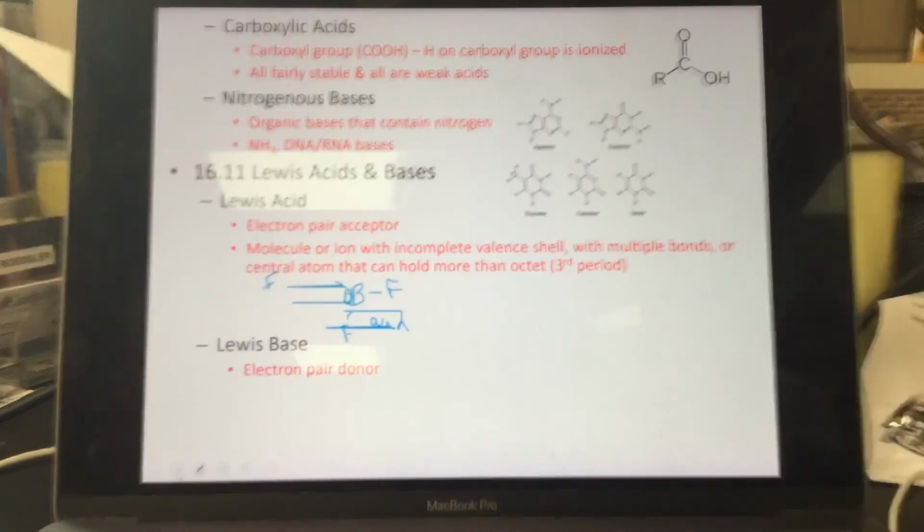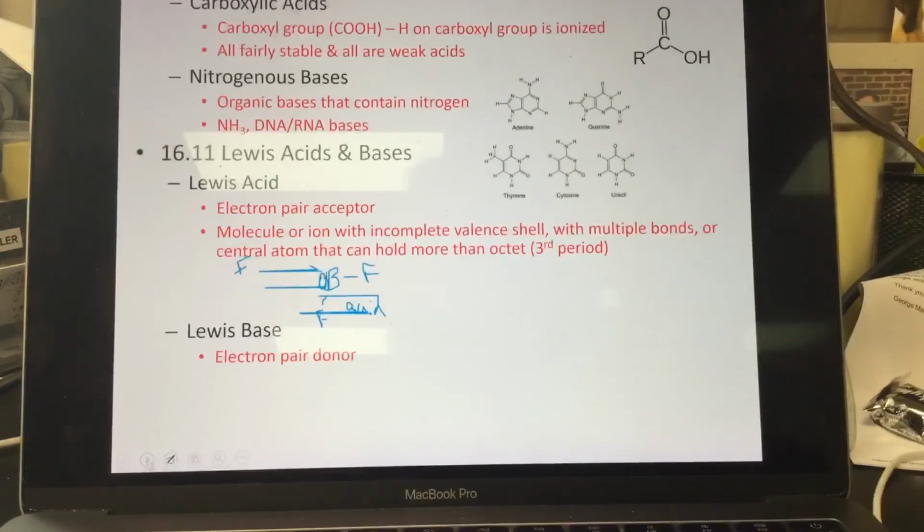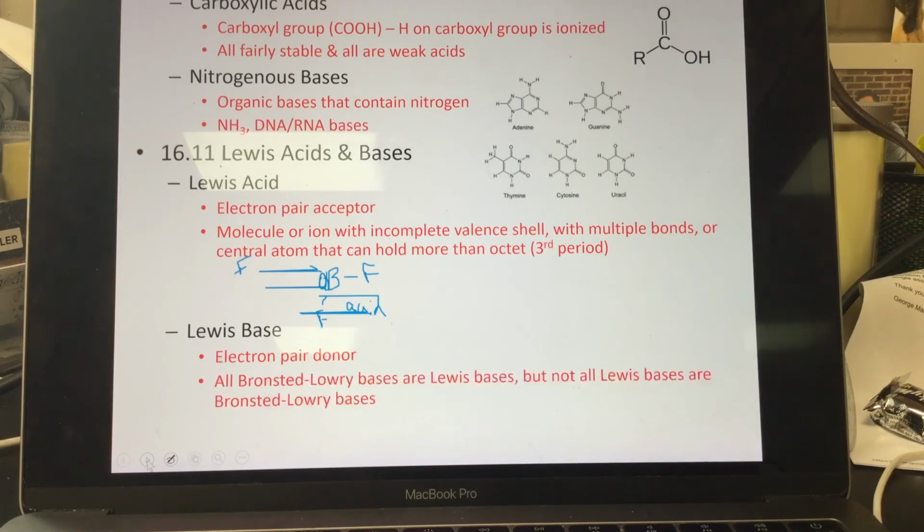Then Lewis bases are just the opposite. They are electron pair donors. So they donate a pair of electrons. And in fact, all Bronsted-Lowry bases are Lewis bases, but not the opposite way around. So if they can donate a pair of electrons, then they can also be considered a Lewis base.